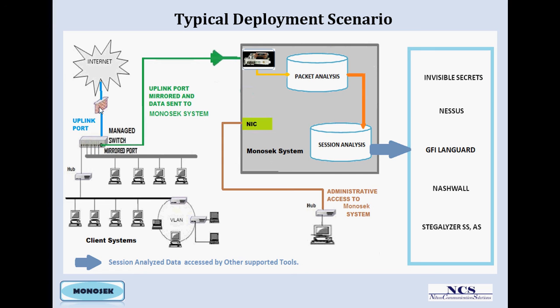As shown here, this is the mirror port. From this mirror port, we will give the output to our Monosek interface card. This card will get the traffic from the mirrored port, which is analyzed by the software modules packet analyzer and session analyzer.